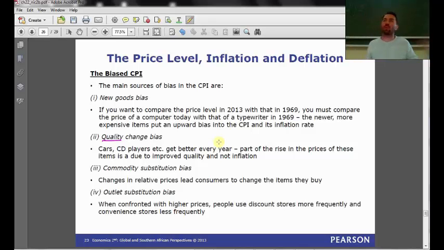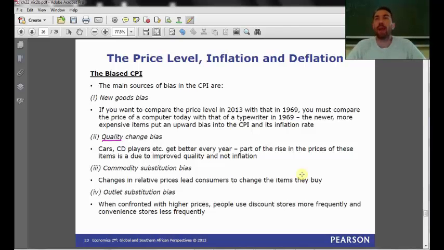Not only are the goods that we're buying different, but also the quality of those goods, if they are the same, is totally different. There's also something called a substitution bias. In other words, changes in relative prices lead consumers to change the items that they buy. Okay?